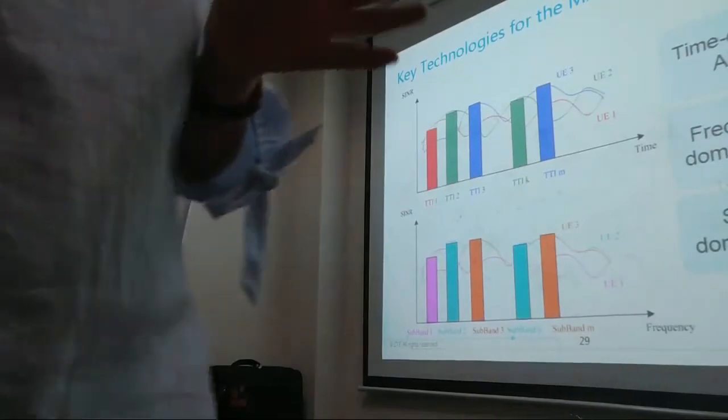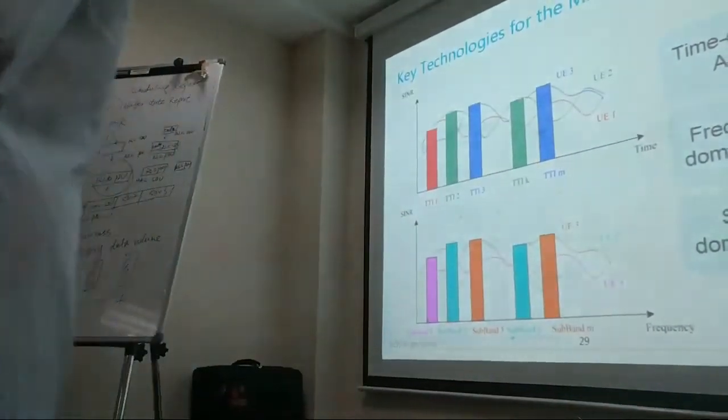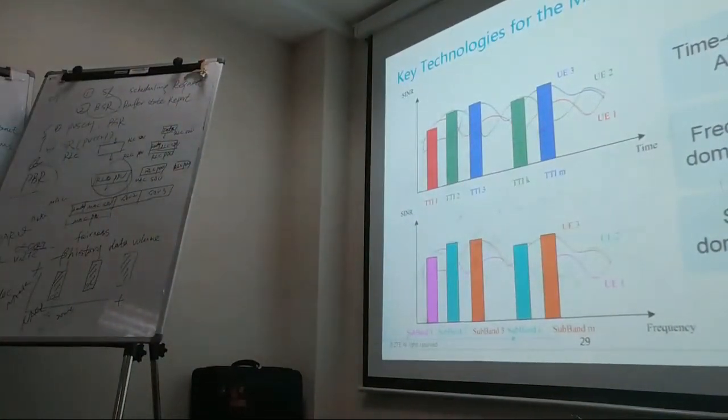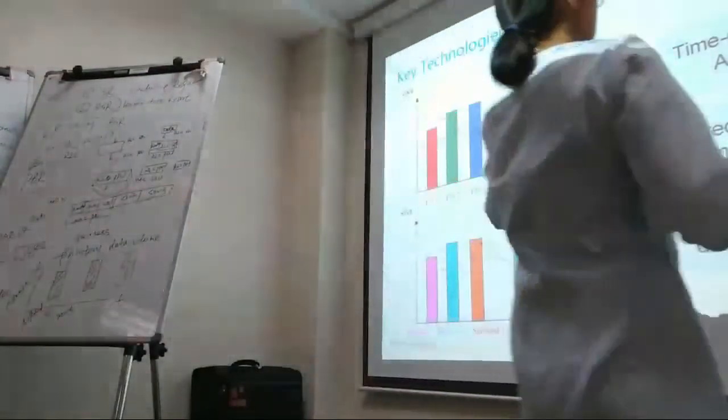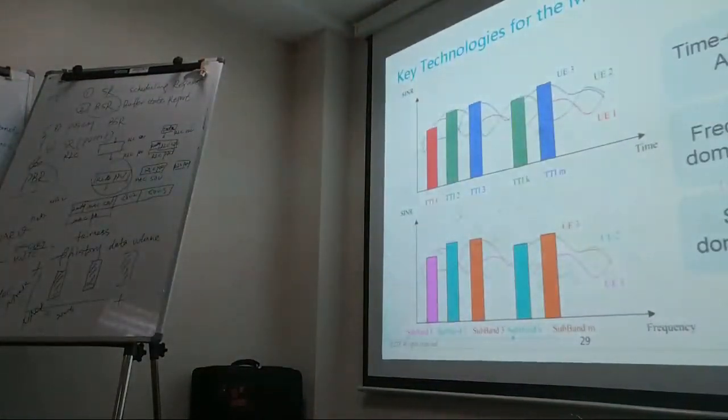So that is for the scheduling. We know for the function, one is the transport format selection. That is MCS. For the MCS, we call it AMC, adaptive modulation and coding. The adaptive has different dimensions: the time domain, frequency domain, and the space domain.